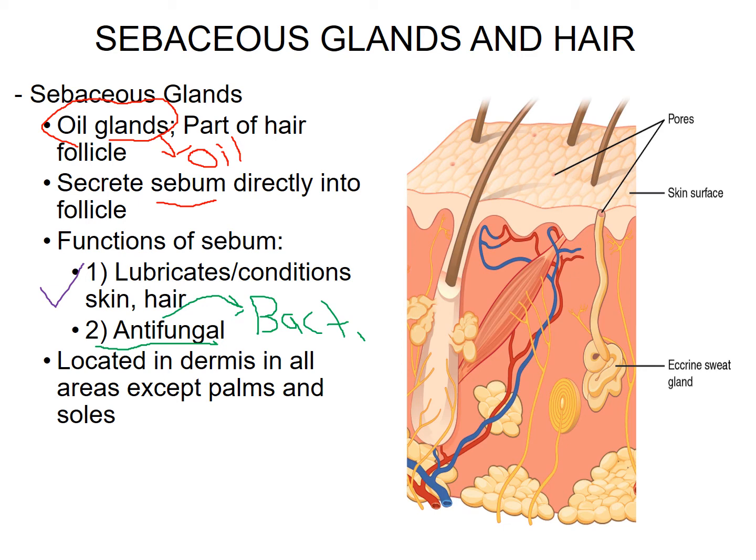And once again, you see a theme with hair and thicker epidermis, and same thing with oil. This is found everywhere except the palms and the soles of the feet. Right? We have oil everywhere in our body. Some places more than most, right? Face tends to have more oil than anything else. You don't want your face drying out. But everywhere else also do have sebaceous glands as well.